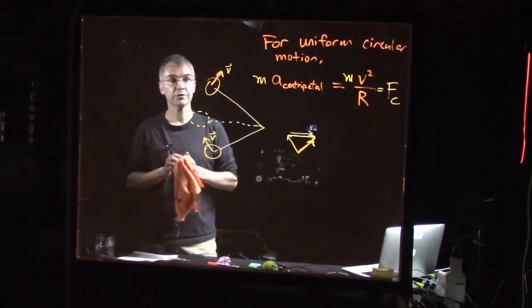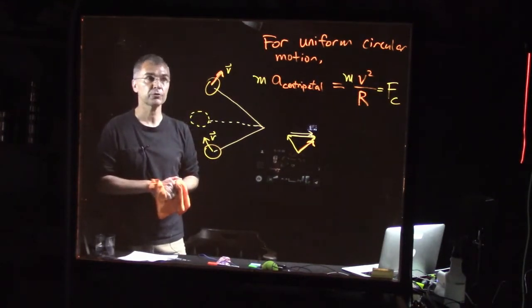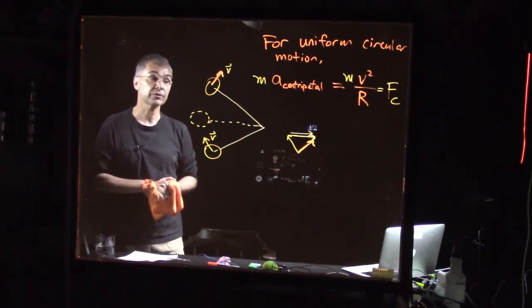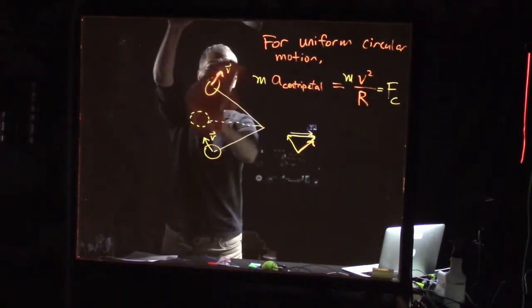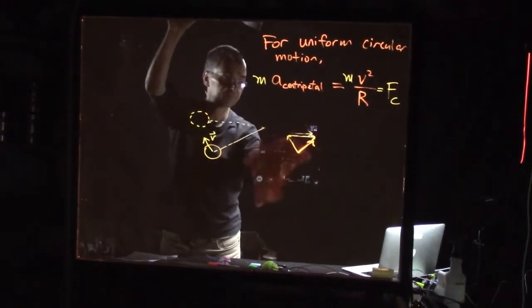Okay, one other result that you might remember from high school physics, but you certainly won't remember from Physics 8 because we don't do it in Physics 8, is Newton's universal law of gravitation.